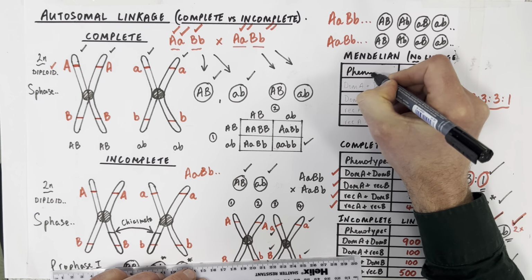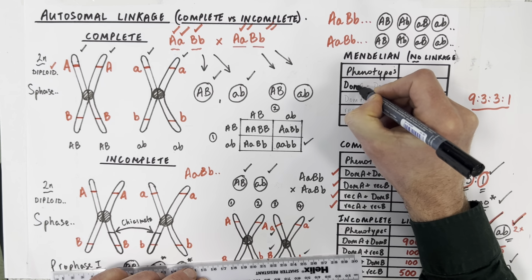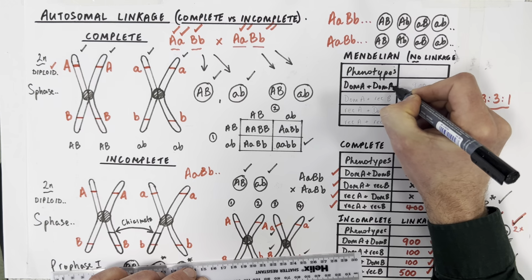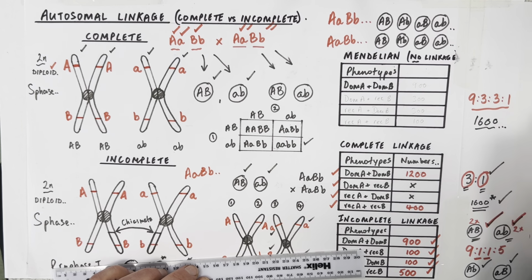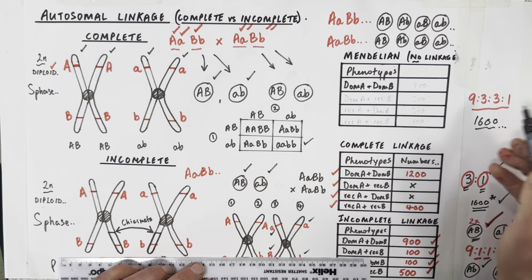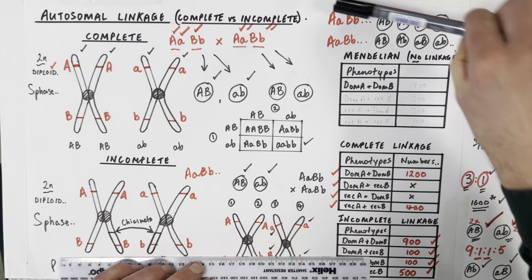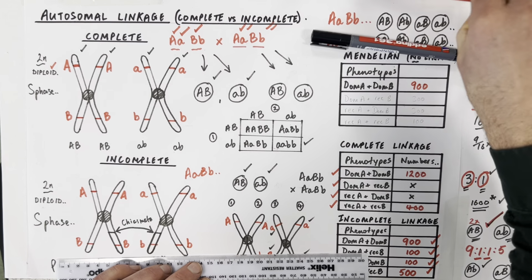So the phenotypes then that we've seen. So dominant A and dominant B. Okay, so again, imagine we had 1,600 plants or offspring. So 9 over 16 times 1,600 will actually give you 900 offspring.